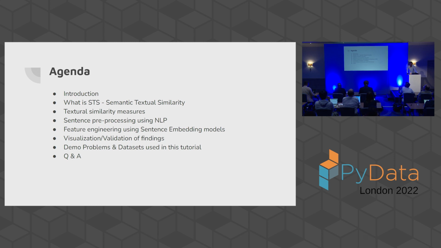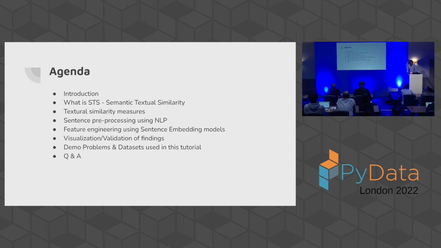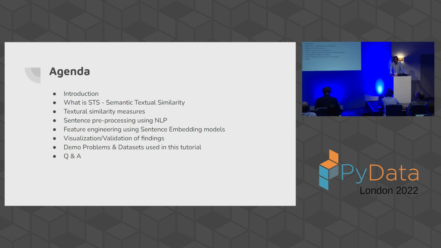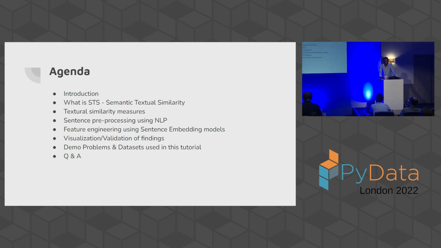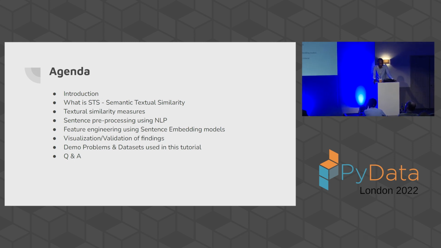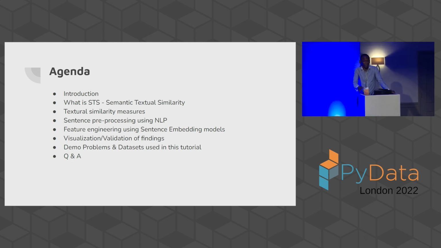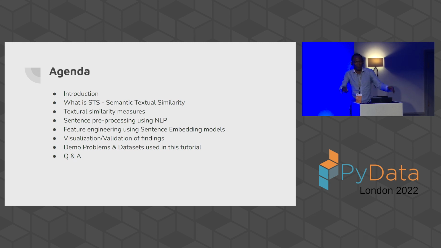As I indicated, we'll start off with a very quick intro to the space, and then I will explore what is semantic text similarity, and what does it really mean. Then we'll spend some time looking at how to compare documents, precisely sentences in this case, so anything that's a maximum of 50 tokens.